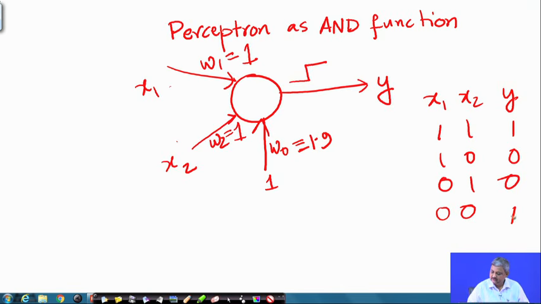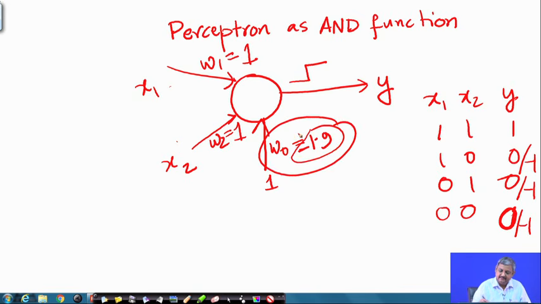By convention, I can choose it like this also. Okay. So, these values minus 1.9, 1, 1 make it an AND gate. You can realize other logical functions also.